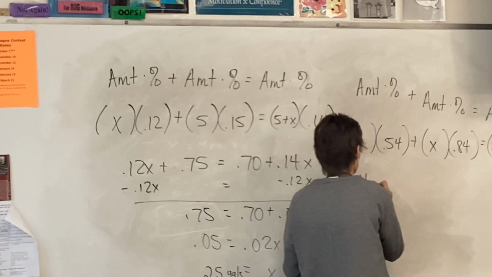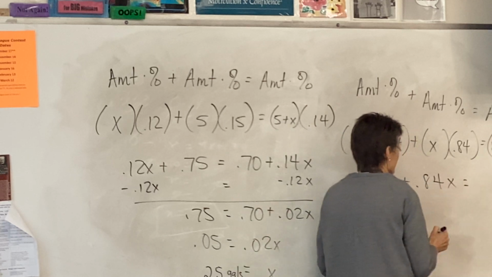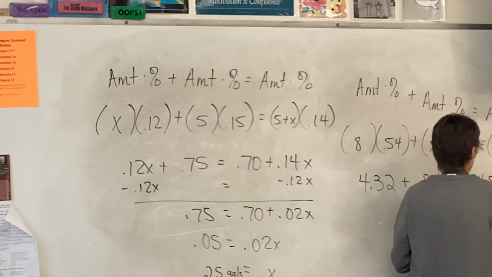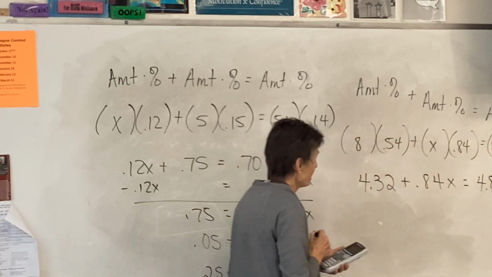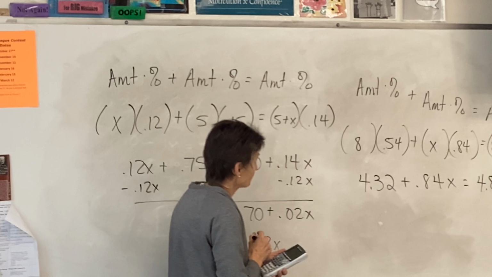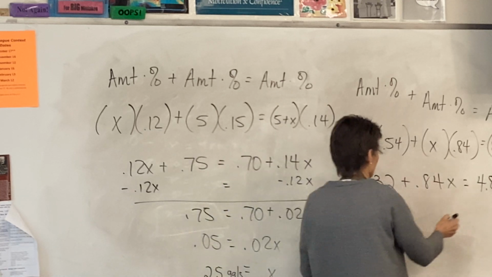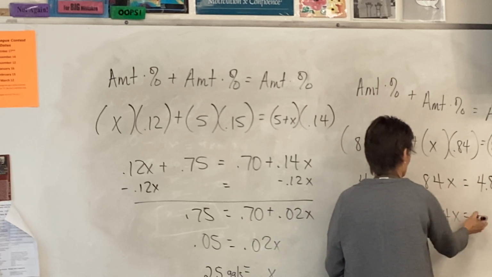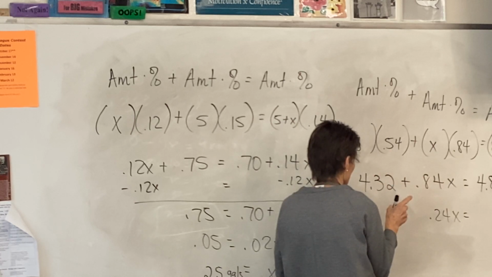So 4.32 plus 0.84X equals, this is a distribute, so make sure you're doing that carefully. I'm going to subtract those over to here. Subtract that over to there.